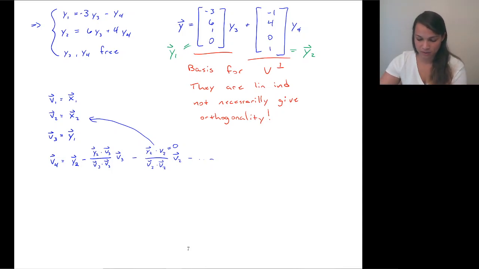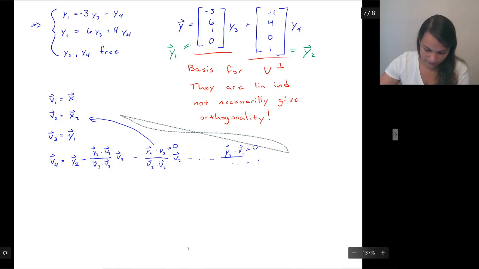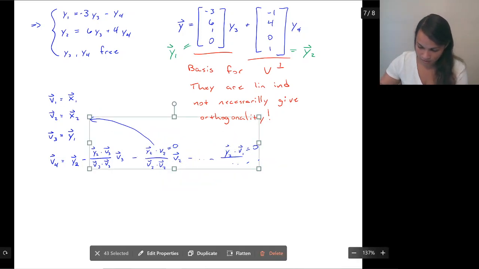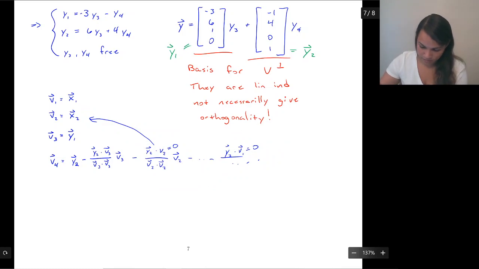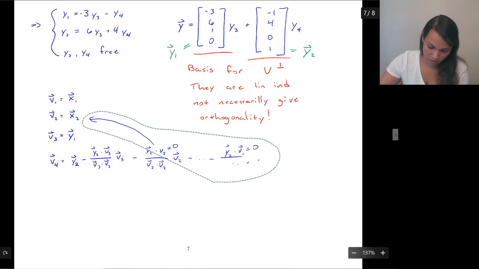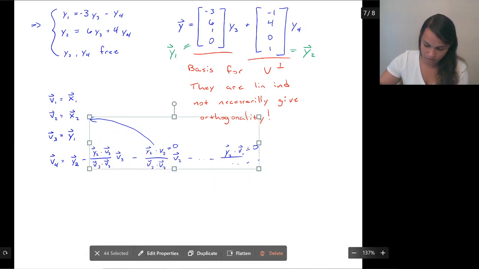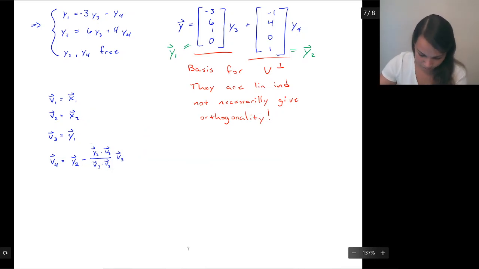And so the same thing with the term over here, y2 dot v1. That would also be 0. So no, I do not really care about any of that stuff. I just need to orthogonalize it with respect to the other y vector.